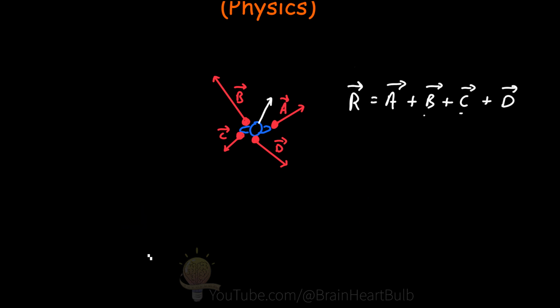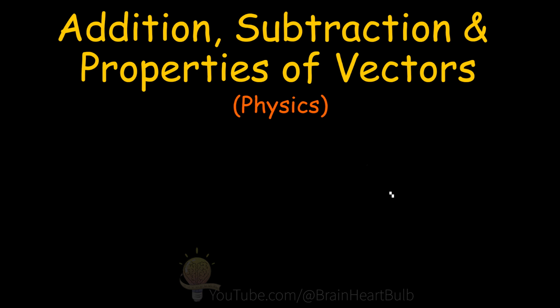And finally, I want to talk about what a negative vector is. So a negative vector has the same magnitude as its equivalent positive vector. So let's say A is our positive vector here, going in the positive x direction with a magnitude of, say, 100 newtons.